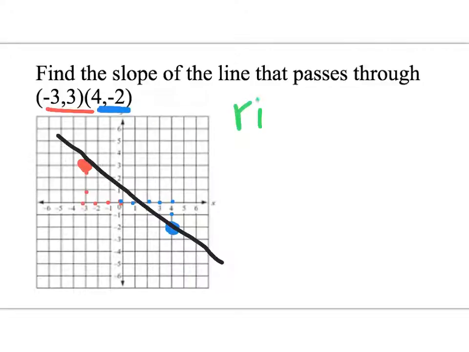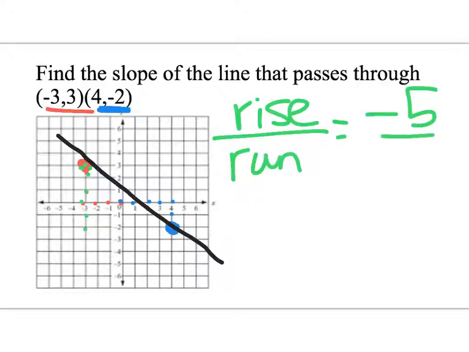Again, you're going to count rise, which is up and down first, over run, which is left and right. So from your leftmost point, which in this picture is the red point, so I'm going to start here at the red and count down 1, 2, 3, 4, 5, down 5, down is negative, so it's going to be a -5, and then over to the right, 1, 2, 3, 4, 5, 6, 7. +7 because I went right.